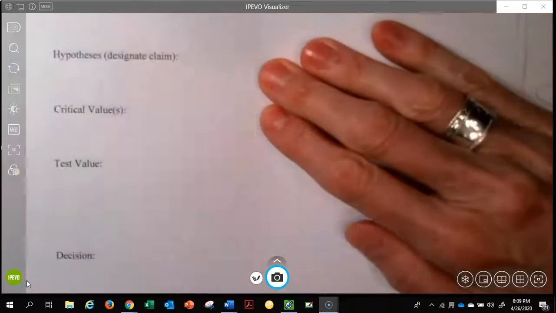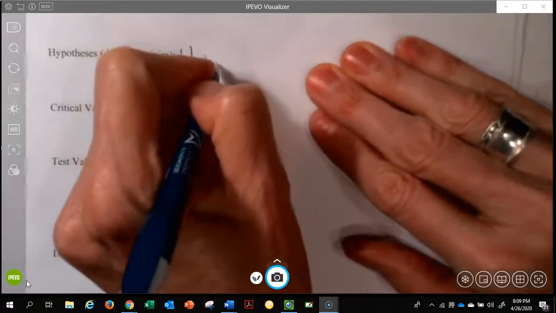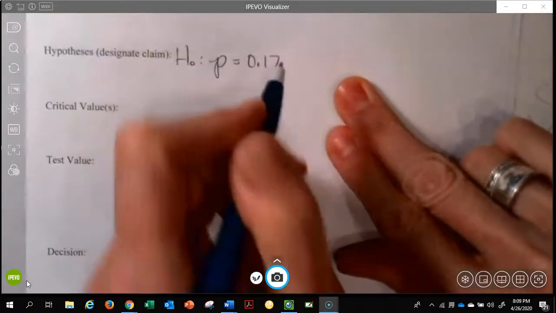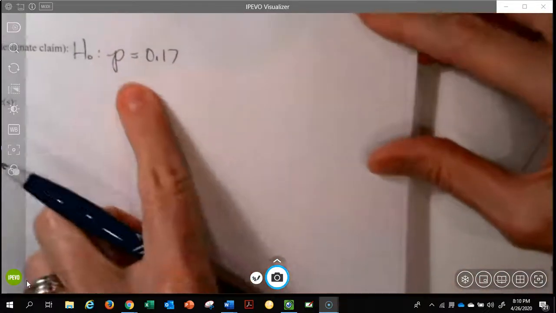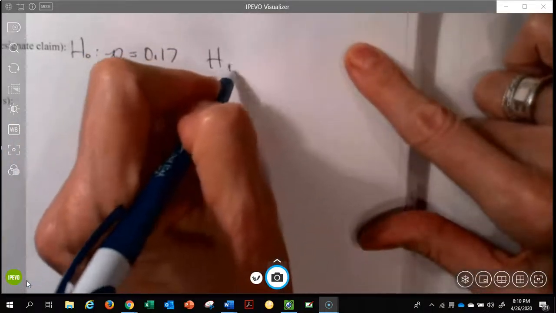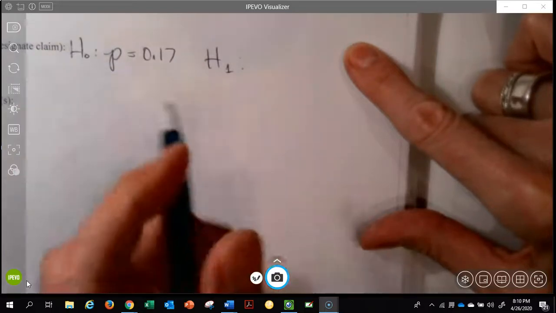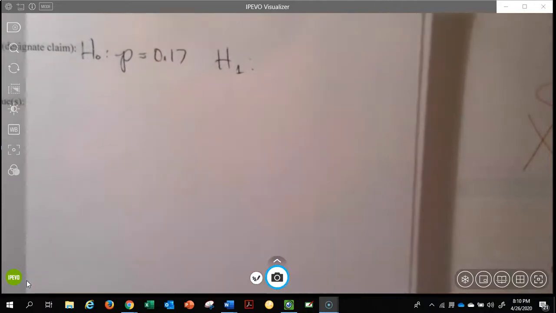When you go to write these in, you need to write in clearly that you're talking about the null hypothesis, and in this case it is our P, and they're stating that it is 0.17. The null is always the equals. Then you need to do your alternative or alternate hypothesis. To test this claim, what's her claim?